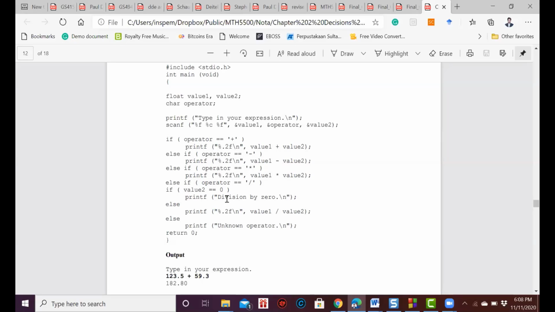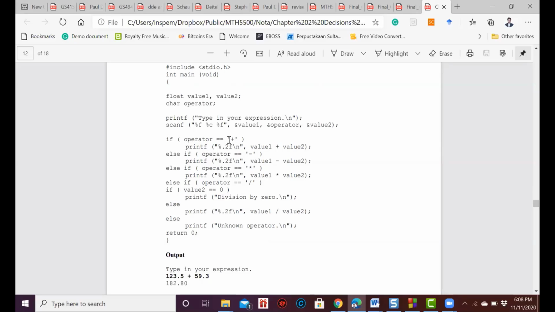We come out with the feedback division by 0. So we are safe. We know the division cannot be performed because value 2 has become 0 here. If it is not 0, then we can calculate value 1 divided by value 2.